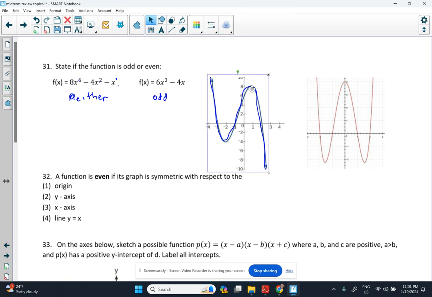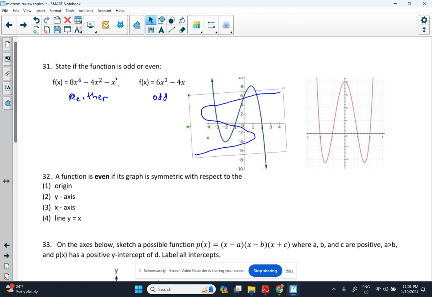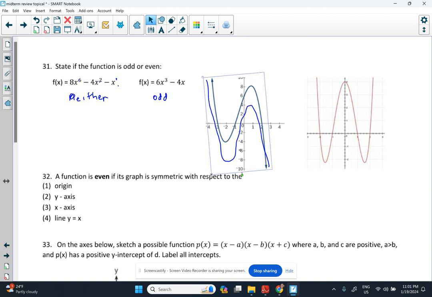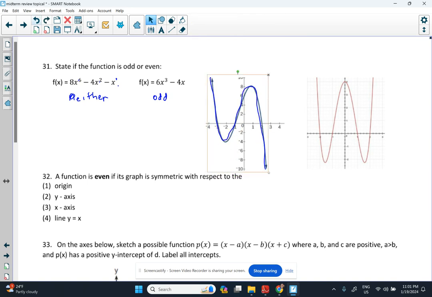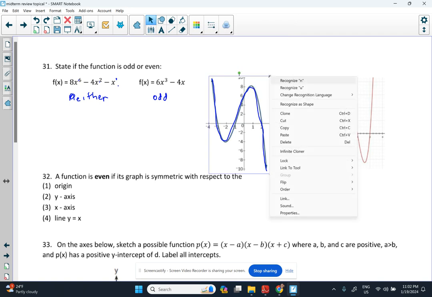If I turn this graph upside down, it's not going to look the same upside down as right side up. So I'm just tracing this. Let's see if we can do this. So I'm going to go upside down. Wait, that didn't work. Hold on. Let's try this again. Here's my function. And let's try to flip this upside down.